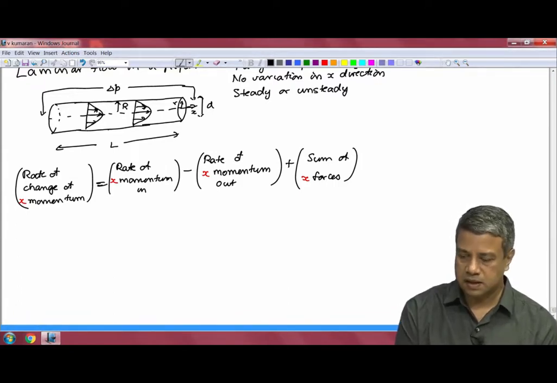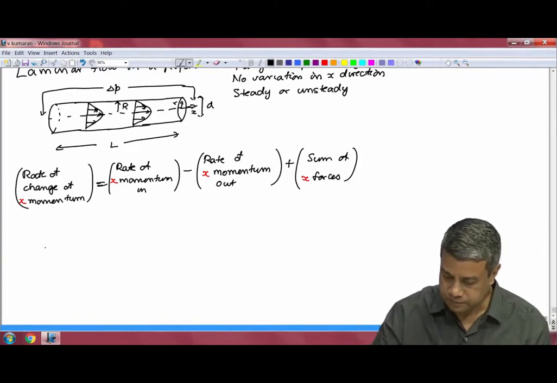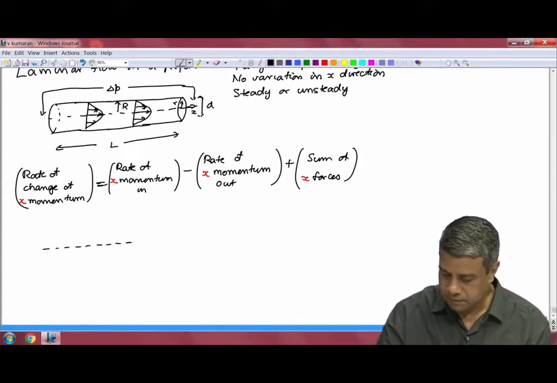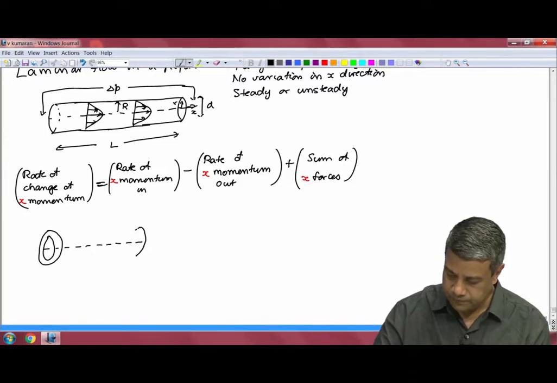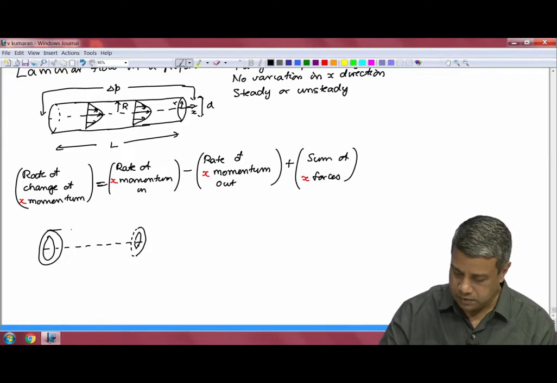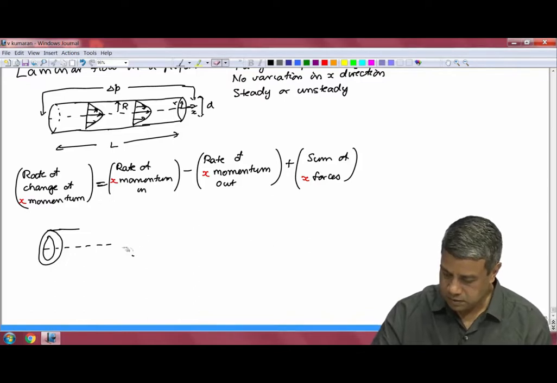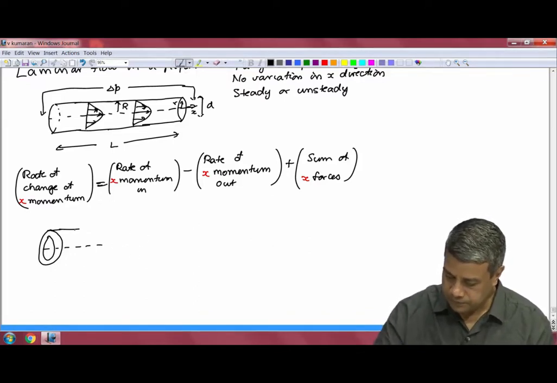So, it will be an annular volume. It should be a differential volume. So, I will draw it this way.